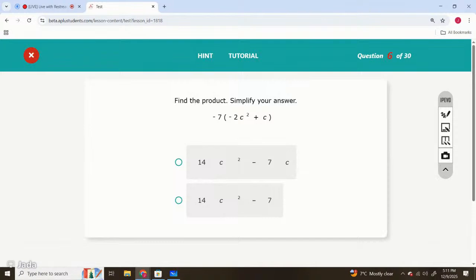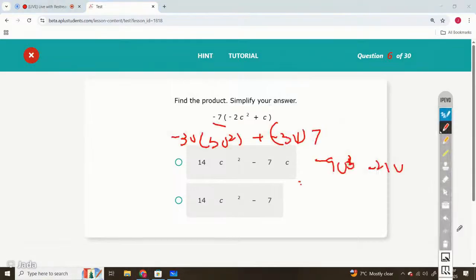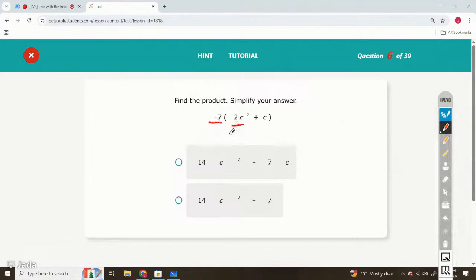Find the product negative 7c times negative 2c plus 1. So we have to do negative 7c times negative 2c. Both the numbers are negative, so the answer is positive, 14c square. And then we have negative 7c times plus 1, which is negative 7c.